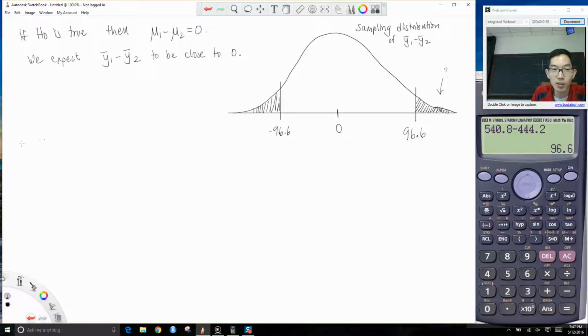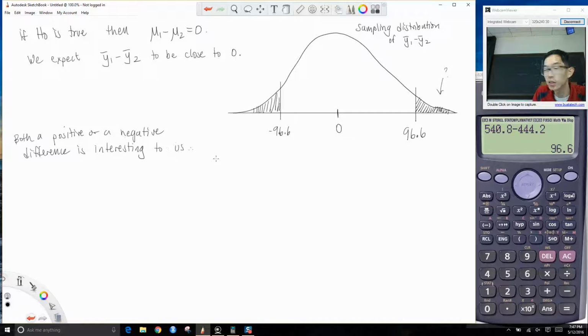Both a positive or a negative difference is interesting to us.